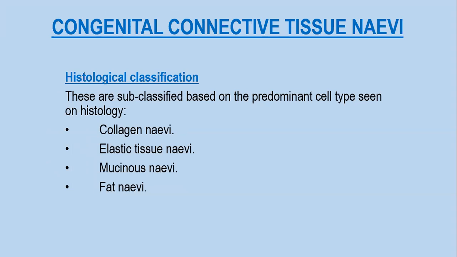Connective tissue nevi. Among the connective tissue nevi, the nevi can be derived from collagen and hence called collagen nevi, can be derived from elastic tissue and called elastic tissue nevi, can be derived from the mucinous material and called mucinous nevi, and can be derived from the fat and called fat nevi.